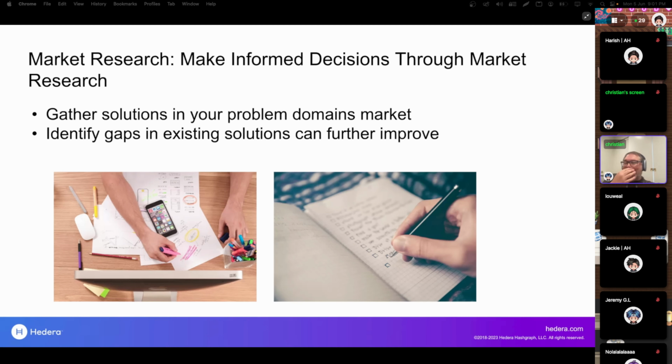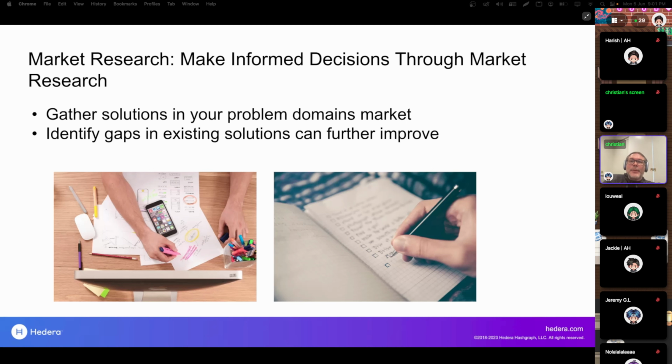So you don't have a ton of time in your hackathon to do this, but all the time that you can spend actually researching your market is time well spent.